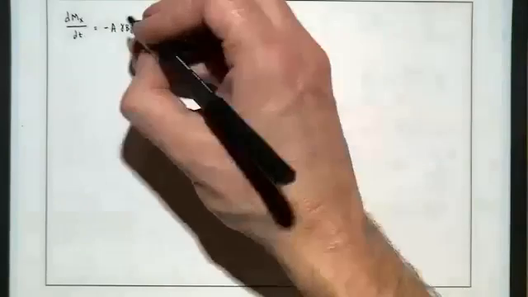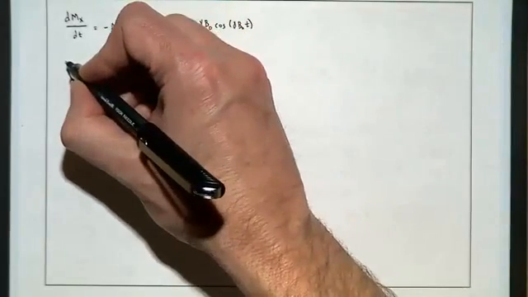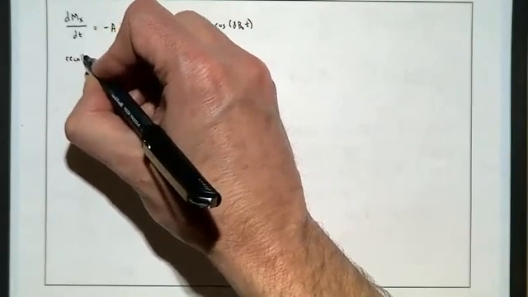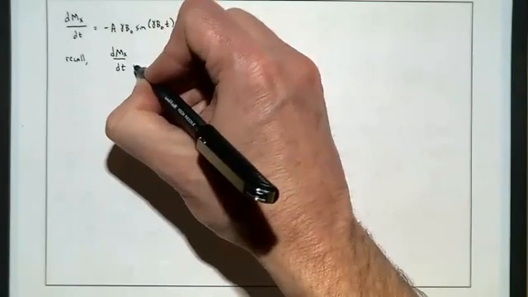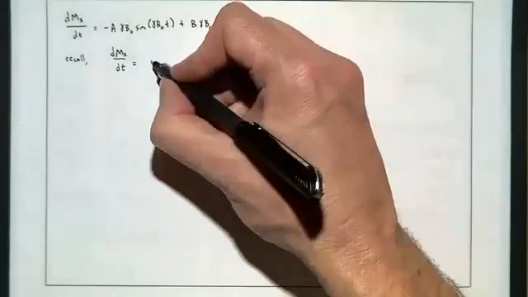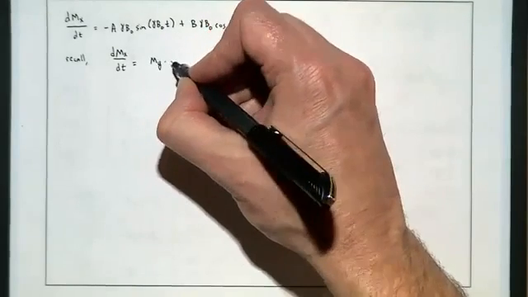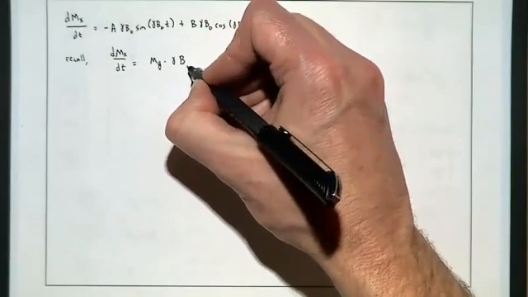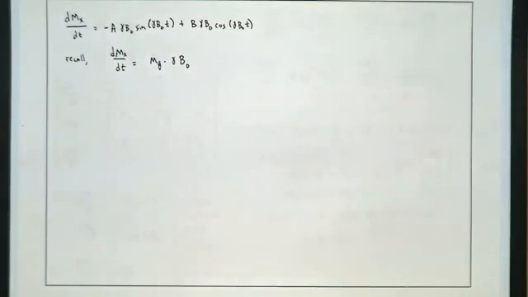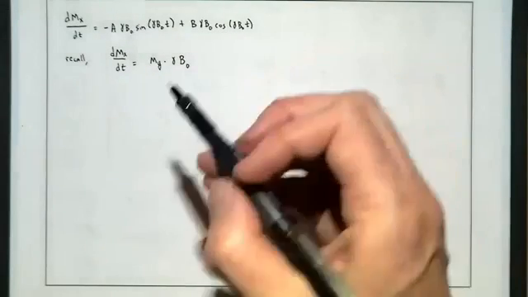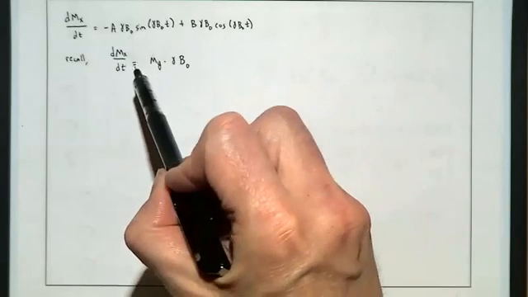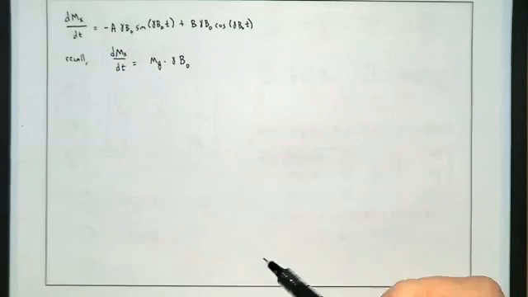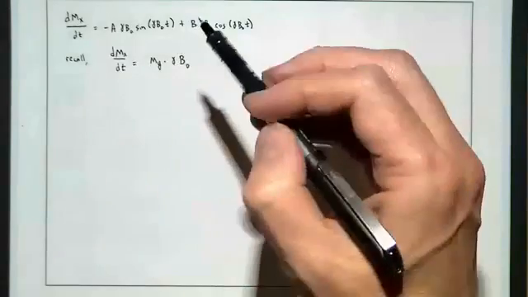Recall from previously that we said dmx/dt, when we were looking at the coupled forms of the expressions, was equal to my times gamma B0. Why does that matter? Well, now we have an equivalence of our general solution in terms of dmx/dt and my. So this is effectively an expression for my.